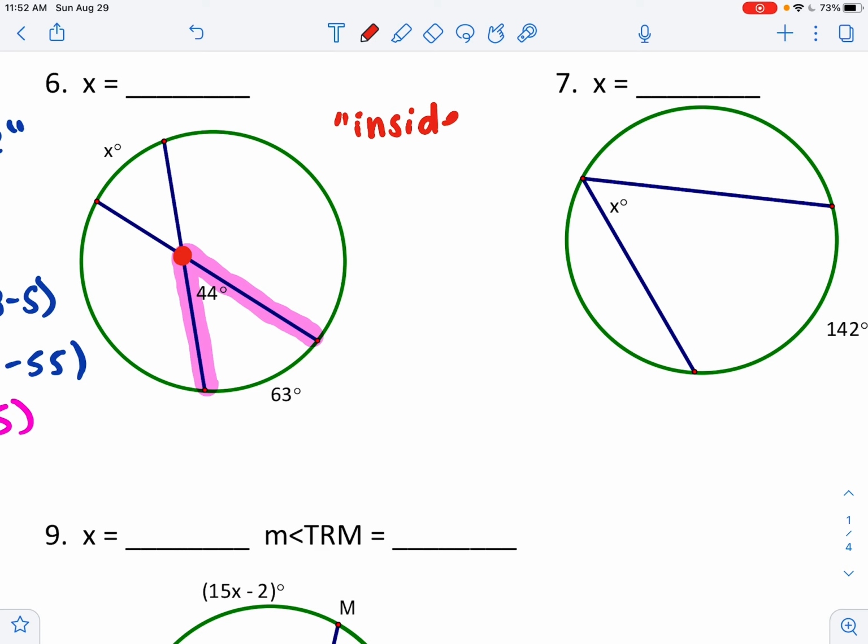And notice I did say in the middle, but I really shouldn't have said that, because that point is not the exact middle of the circle. It's just inside the circle. So this is an inside angle. And anytime you see an inside angle, the equation you're going to use is angle equals 1/2 arc plus arc.